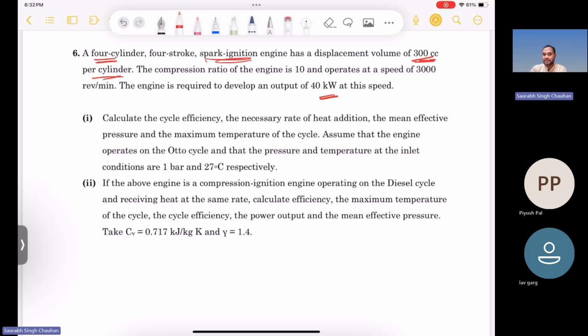In all the cycles you have studied, the processes are reversible processes, right? And reversible processes are quasi-static processes. They take place infinitesimally slowly, so at all times they are in thermodynamic equilibrium.